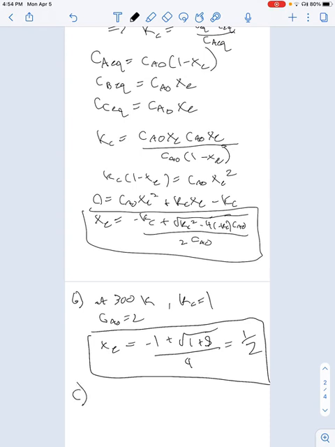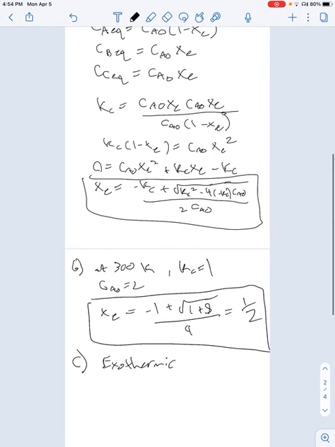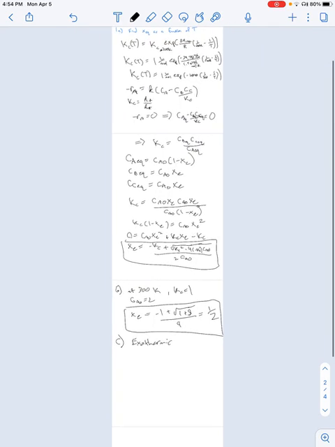And for the last part, it asks if the reaction is endothermic or exothermic. Since the heat of reaction is negative, that means it's going to be exothermic. And for whether Kc increases or decreases with temperature, we just look at the equation up above for Kc.